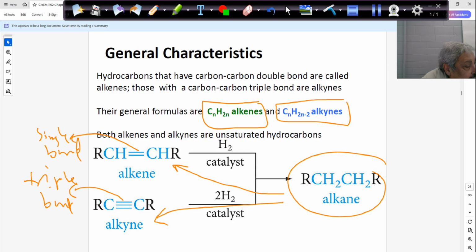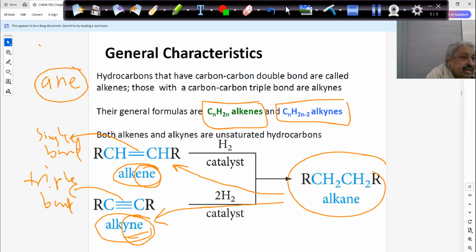However, we can use a catalyst to change the alkenes and the alkynes, the triple bond, the alkynes ending up here with E-N-E, and here is Y-N-E. And alkanes, A-N-E.